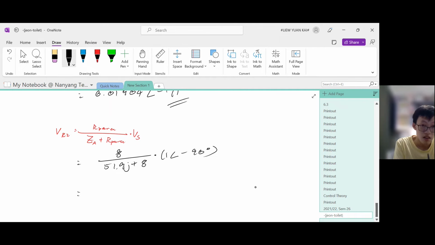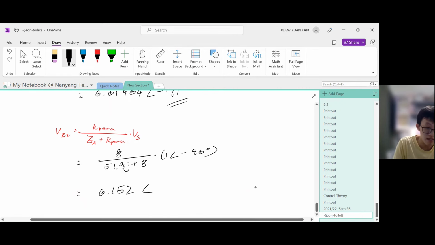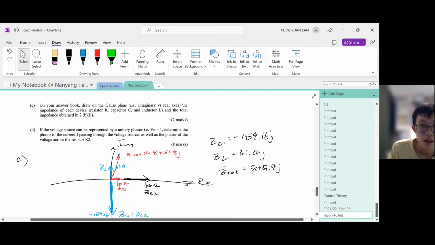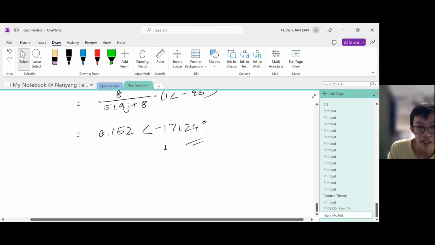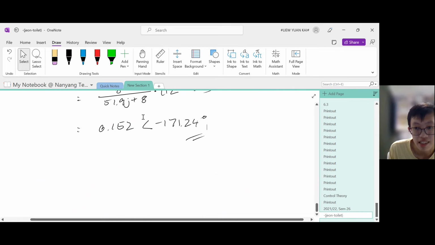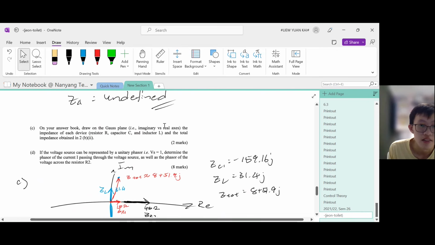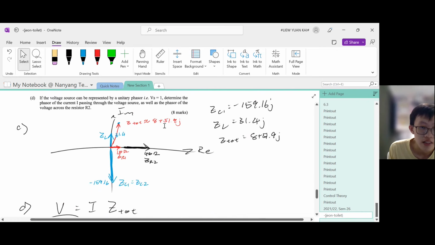One at an angle of negative 90. I'm going to change this to polar form. I got 0.152 at an angle of negative 171.24. Okay, so this is my phasor. I can't tell if my answers are exactly correct, but I can tell that my methods are correct. So yeah, that's question D.